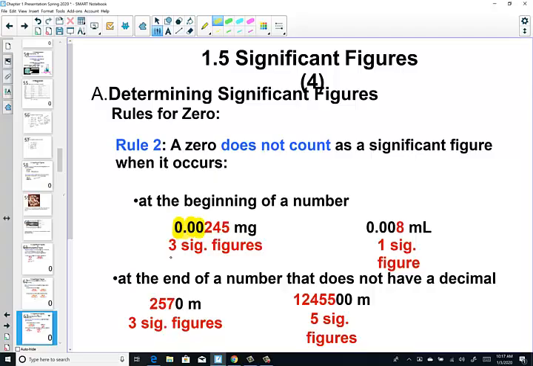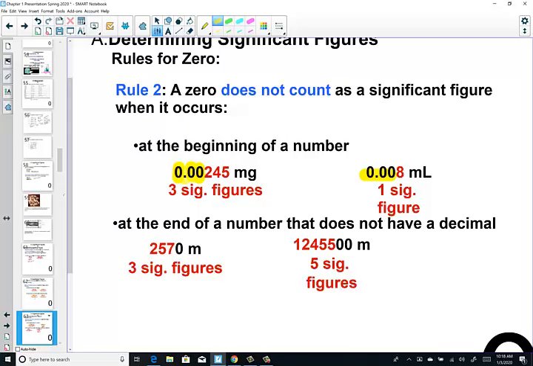Those 3 zeros are not significant because they are not between 2 non-zero numbers, and they're just there to be a placeholder to let you know that this is 0.00245 milligrams. Notice here again, these zeros are not significant because they are occurring at the beginning of a number. There is no non-zero number prior to them, and they are just being used as placeholders.